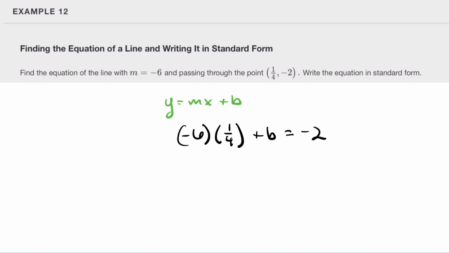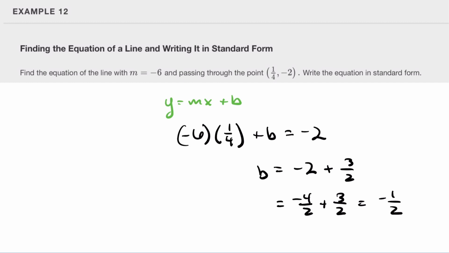So we have one equation, one unknown, so we can solve for b. 6 divided by 4 is the same as 3/2. So b is going to be equal to -2 plus 3/2, which is -4/2 plus 3/2 to give us -1/2. So that's our y-intercept.